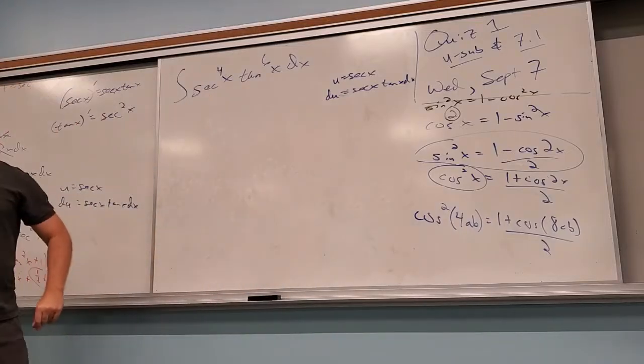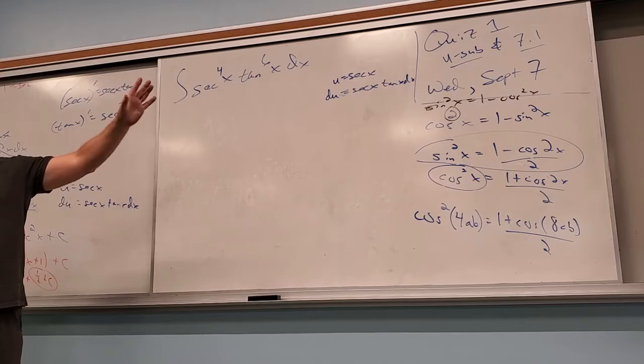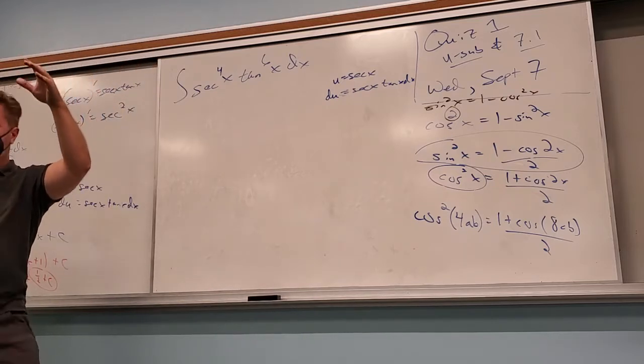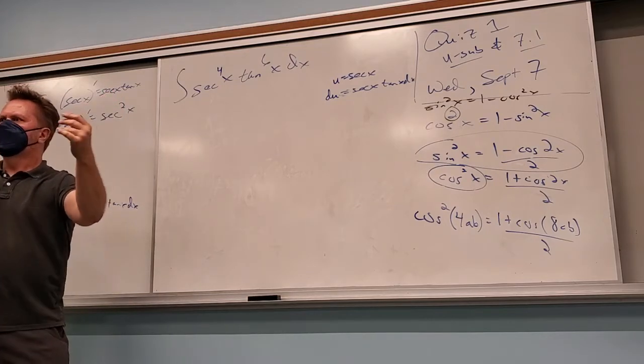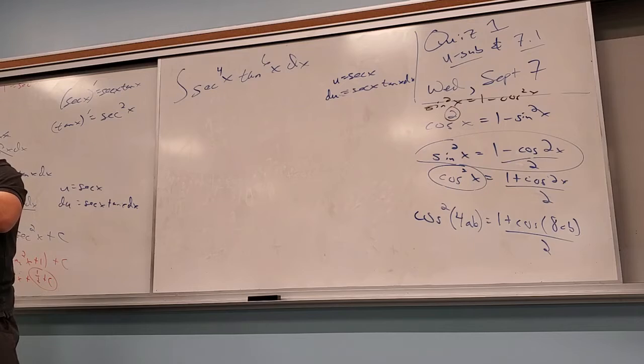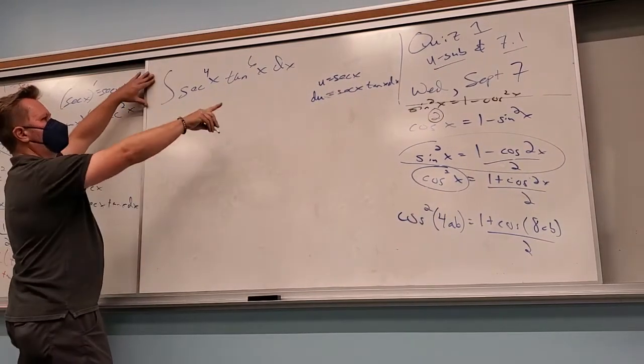Okay, so let's see if this is going to get us somewhere. And obviously, the derivative being that is perfectly fine because I got a ton of secants and tangents to play with. So I can certainly take a secant and tangent and make du easy. Now, I'm just telling you right now, this might not be the right thing. Let's see which one it is.